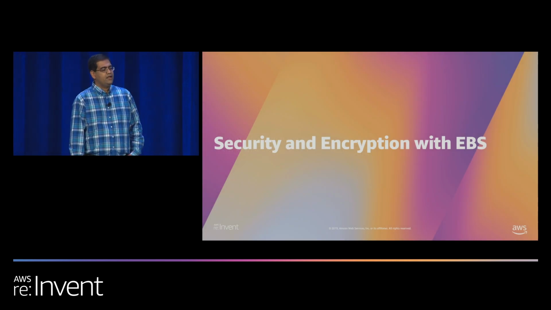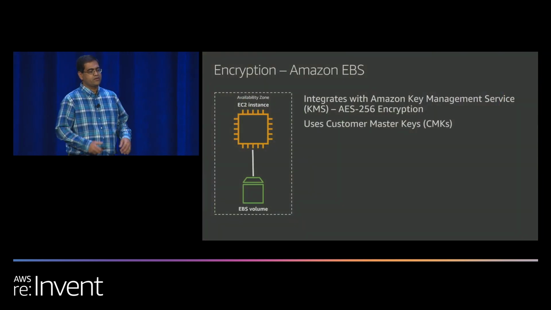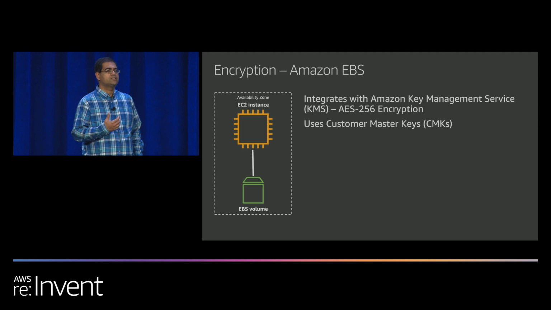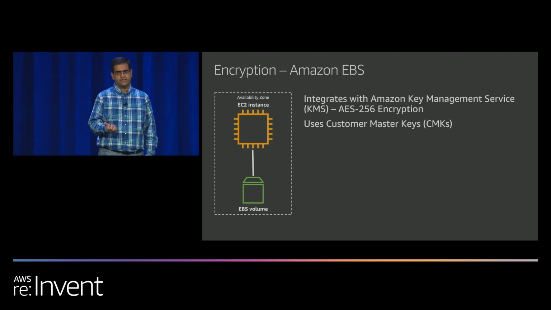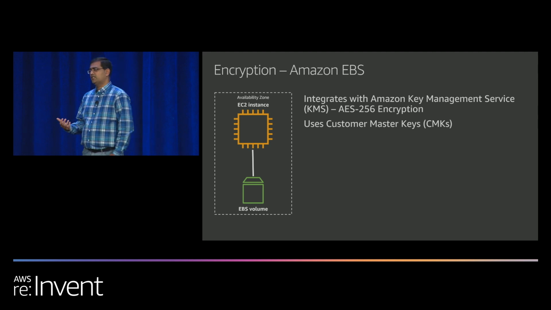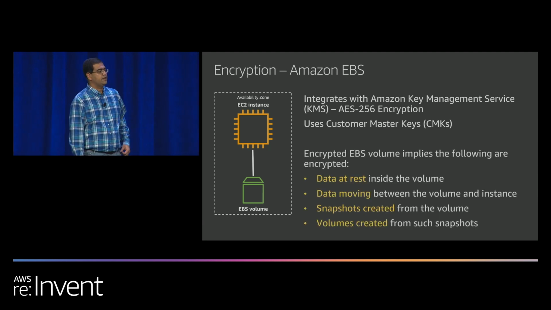So with that, let's talk about security and encryption on EBS. When we think of security, EBS integrates with the Amazon Key Management Service. We use AES 256 encryption, and we use customer master keys. There are a few things that are important to understand.